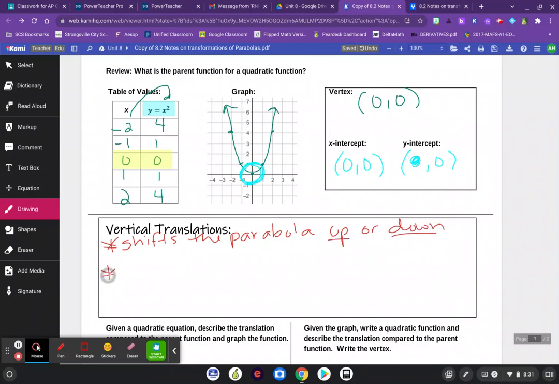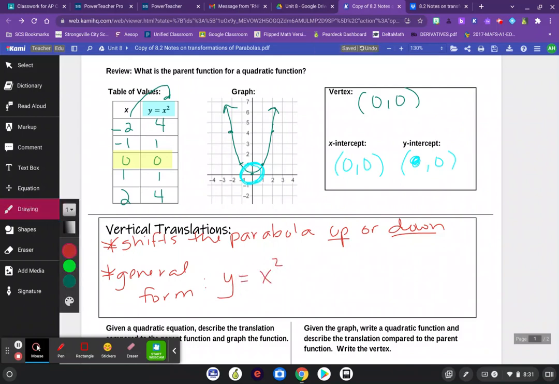The general form that we will see for vertical translations is y equals x squared. That's that parent function, okay? And then in addition to that, I get this extra either plus or minus some number, some k value.